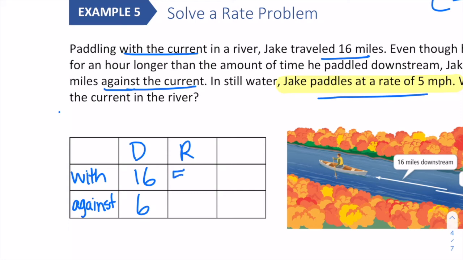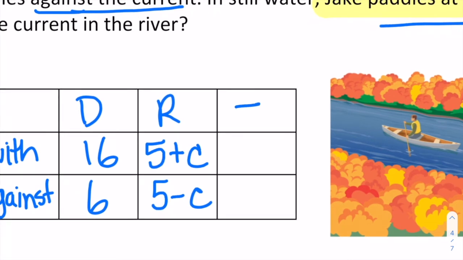So with the current, it'll be 5 plus the rate of the current. If he's going against the current, he's paddling 5, but the current is going against him. So it's minus. And so the time here will be 16 over 5 plus C and 6 over 5 minus C.